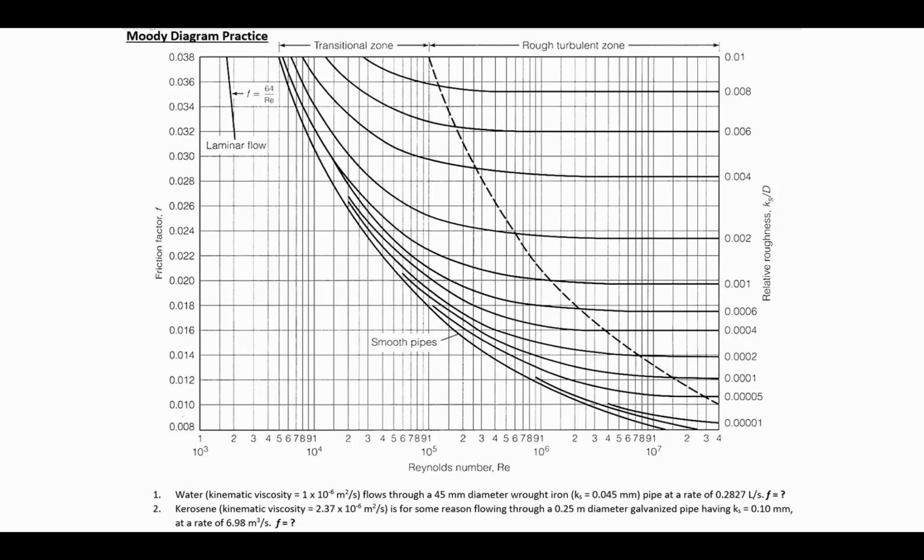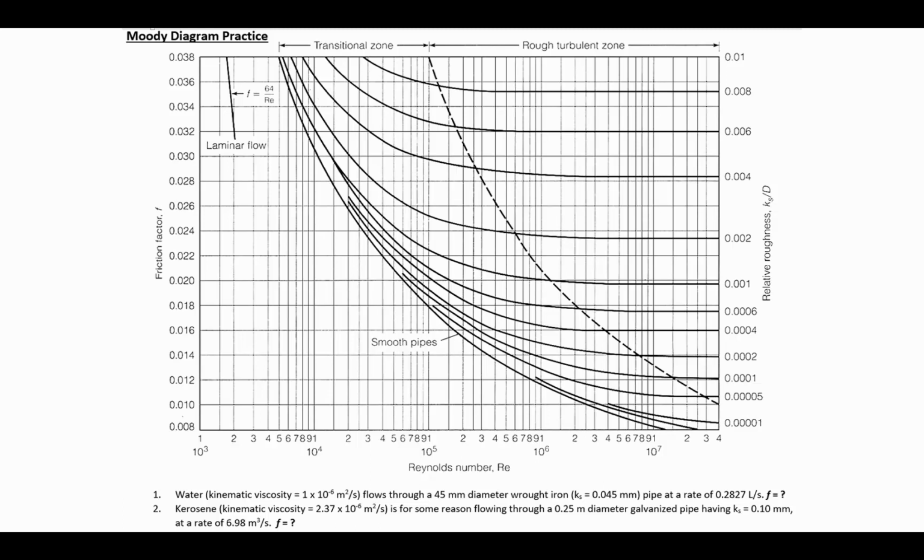And just in case somebody didn't get a chance to print this out, I want you to be able to see the Moody diagram on the screen as we work through it. So instead, I'm going to put up a poll, and when you've got the answer to the first one, click yes on the poll, and that'll let me know the pacing of how quickly people are getting through this.